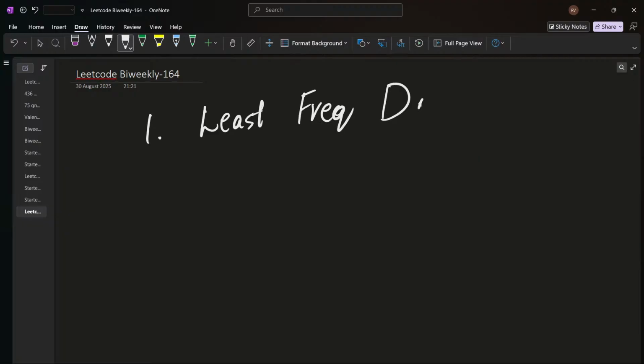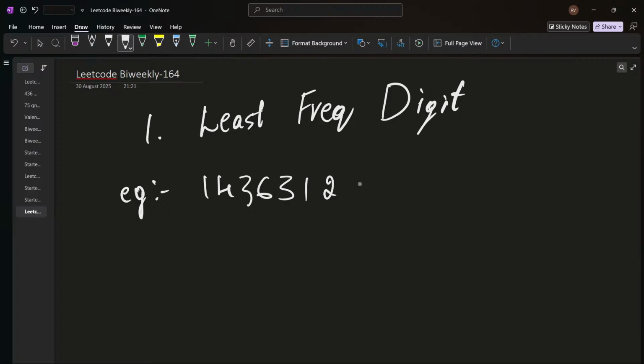For example, if we are given the number 1436312, first we have to check which is the least occurring digit. 2, 4, and 6 appear once, 1 appears 2 times, and 3 appears 2 times.